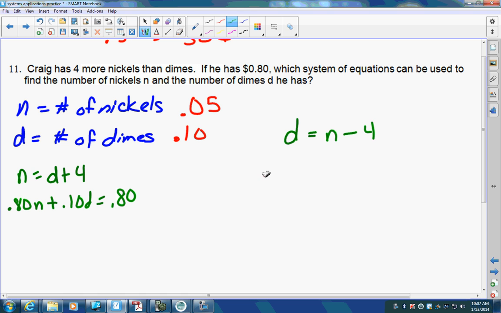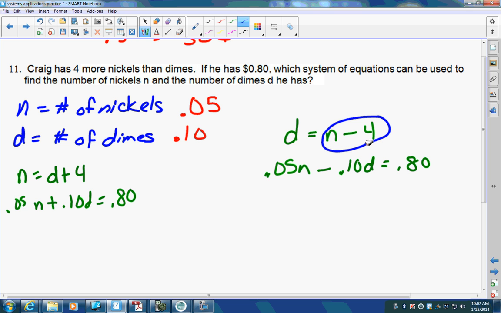Then I use 0.05n, which by the way is supposed to be 0.05, minus 0.10d equals 0.80. Now if I put this in here for d, 0.05n minus 0.10 times n minus 4 equals 0.80.